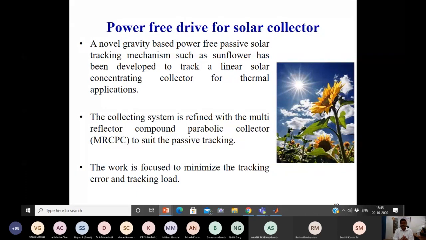In a power free drive for the solar collector, what we have to use is, we have to supply energy, but in place of a battery or electricity, okay, fine, but without supplying some energy we can't drive one object.